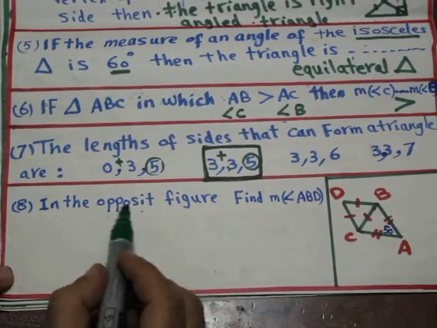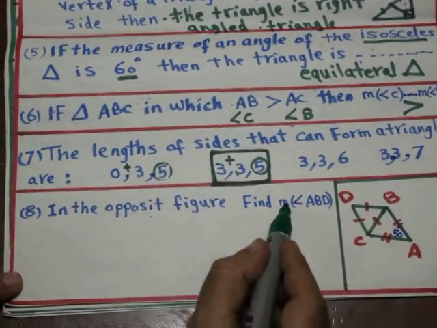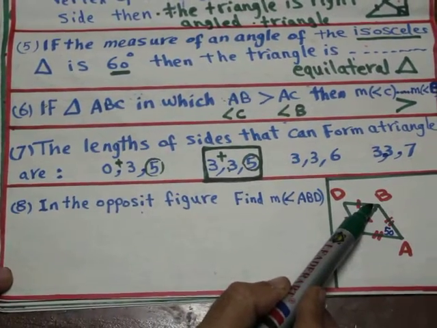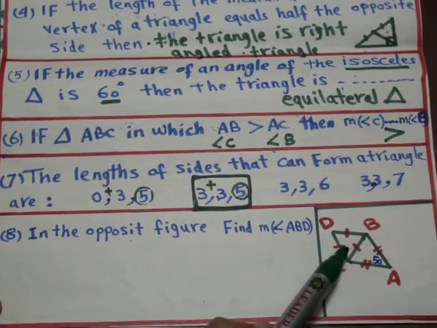Number 8. In the opposite figure, find the measure of angle ABD. As you see, here we have an equilateral triangle.